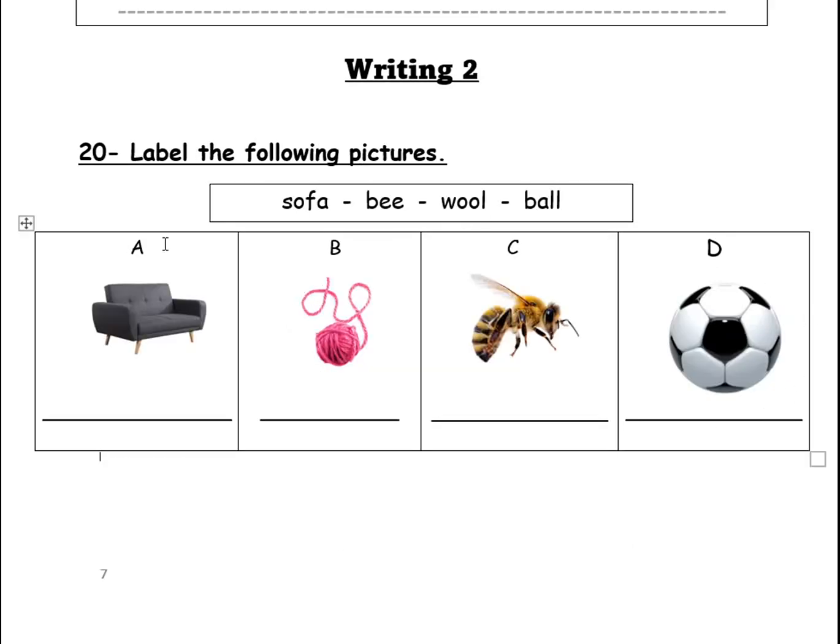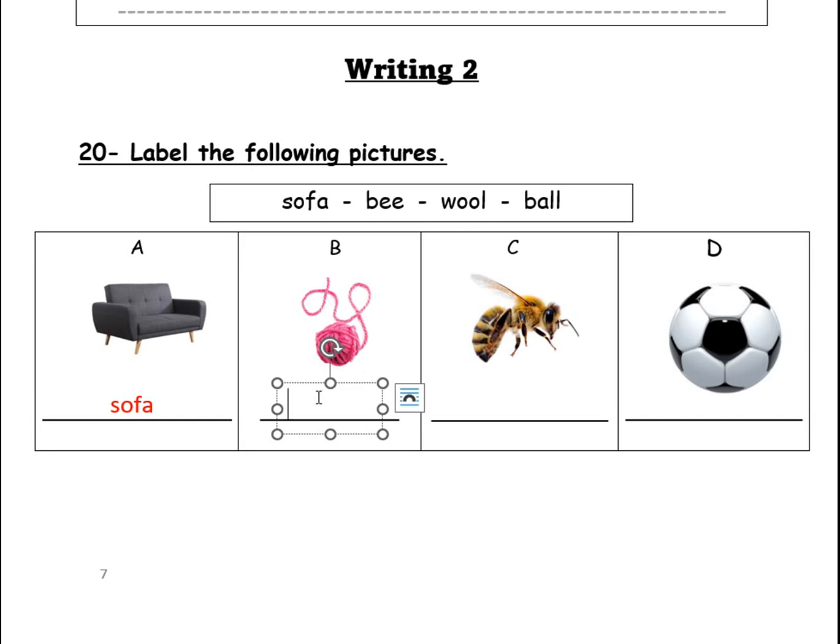Okay, in this activity it says here, label the following pictures. We have here the names: sofa, bee, wool, ball. Now let's write or label them. This is sofa, and this is the word sofa. So we write it here. This is wool, and here is the word wool.